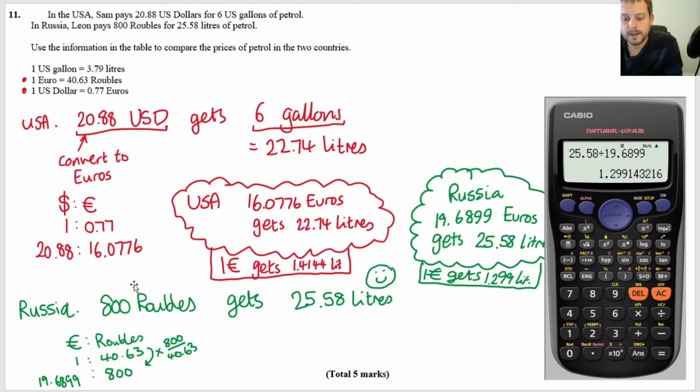Cost per litre for US petrol. So I'm just going to double check that if I do 1 over 1.4144, I get 0.707. Okay, I do. So this is right. And if I do 1 over 1.299, I get 0.77.